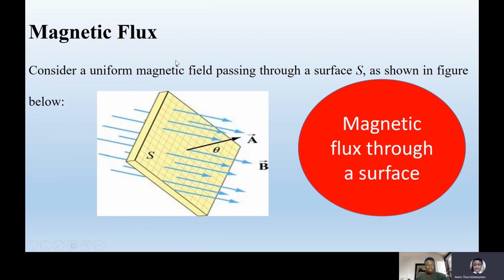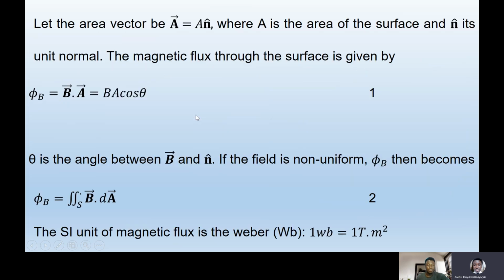Let us look at magnetic flux. Let's consider a surface with the area vector A and the magnetic field B, making an angle theta with the area vector. Let the area vector be A equals the magnitude of A times the unit normal n.